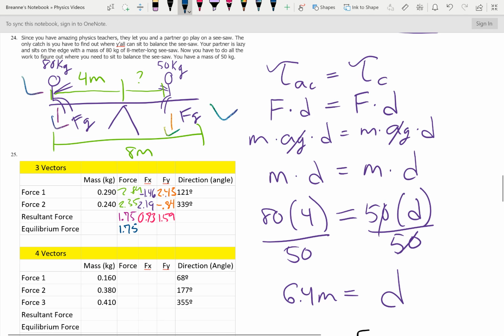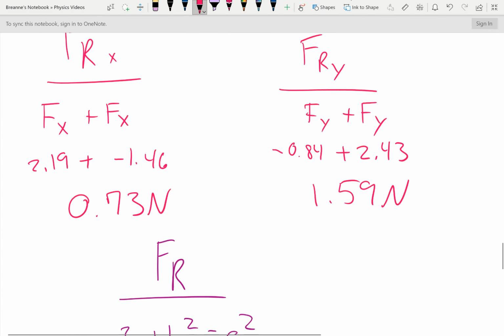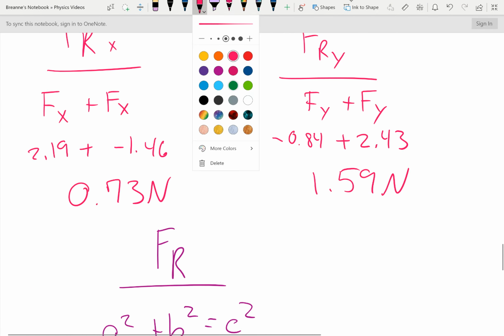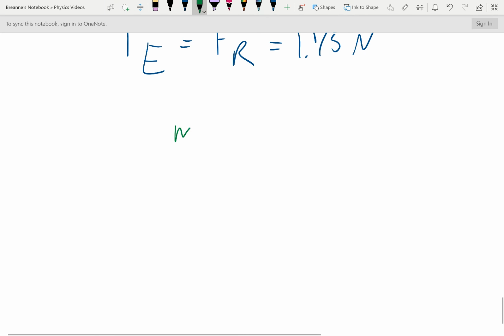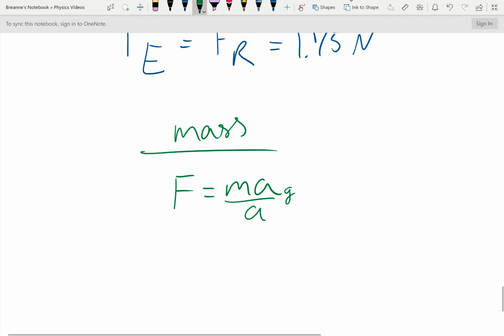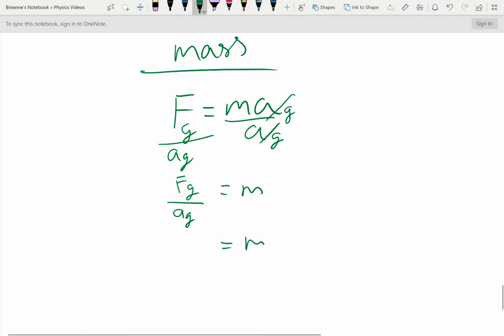Then you can figure out your mass. To do that, you're just going to use F equals ma. In this case, you're using acceleration due to gravity because it's a force of gravity. So your mass is just going to be your force divided by your acceleration due to gravity. Your force is 1.75, acceleration of gravity is 9.8.